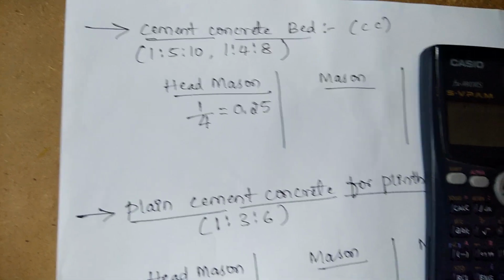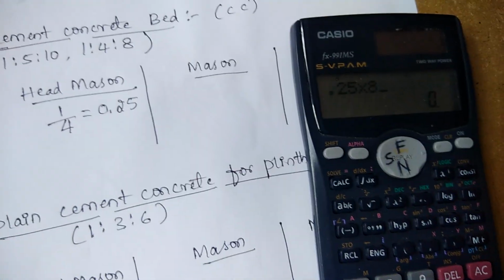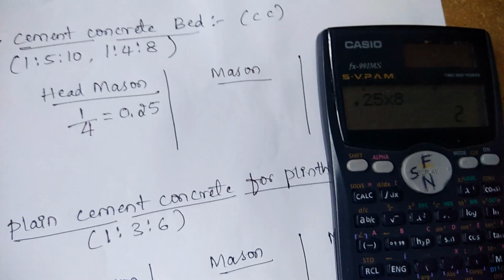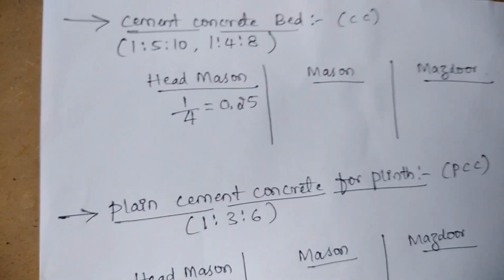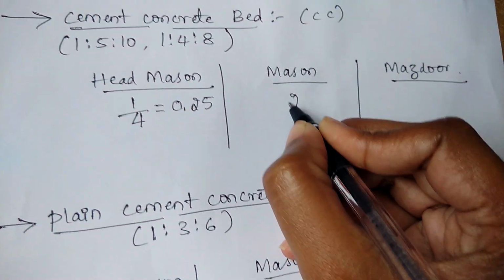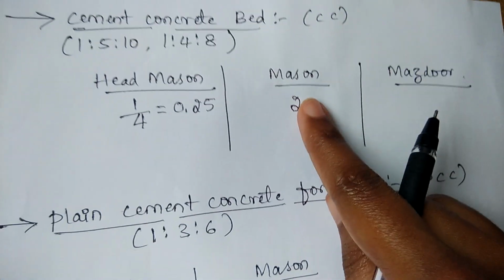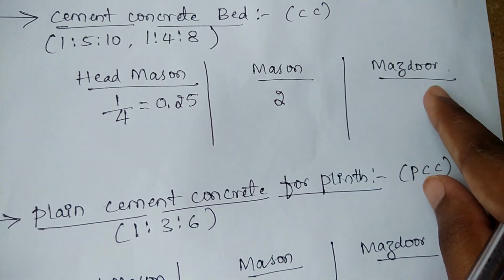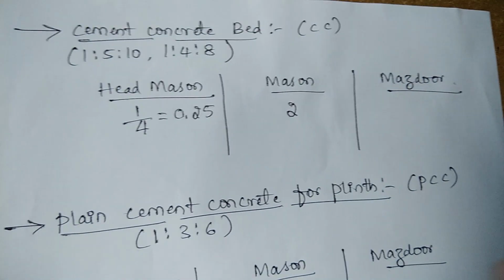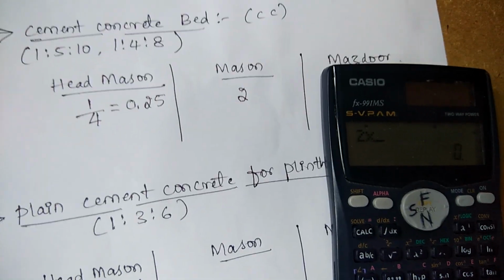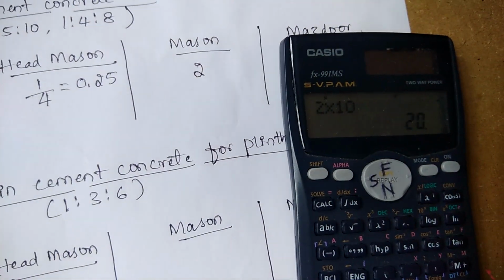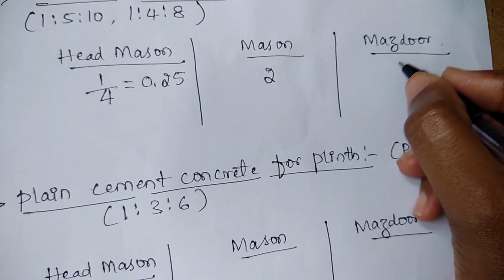So let us multiply 0.25 with 8. So that gives you 2. So 2 will be the quantity of mason for the CC bed. Similarly, from the quantity of mason, we will be finding the quantity of Mazdoor, and that should be 10 times of mason. So 2 into 10 gives you 20 numbers.